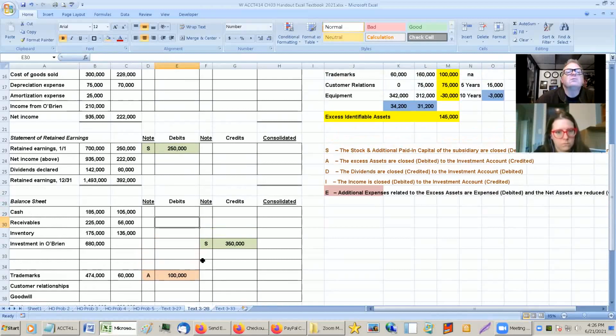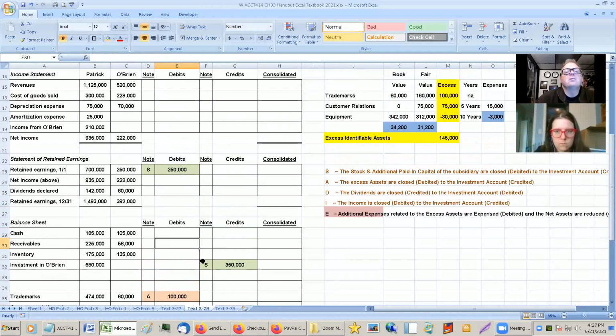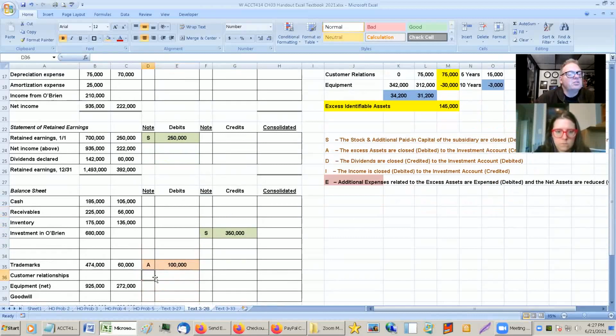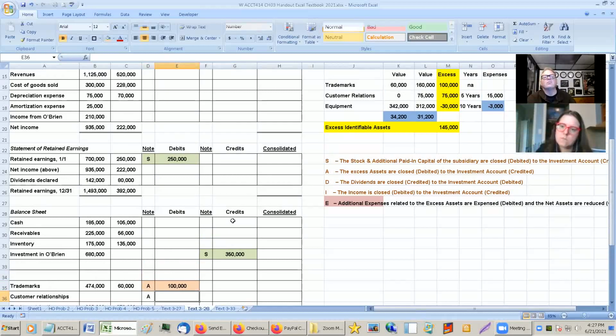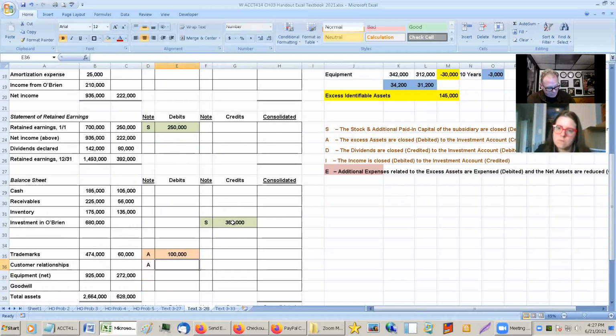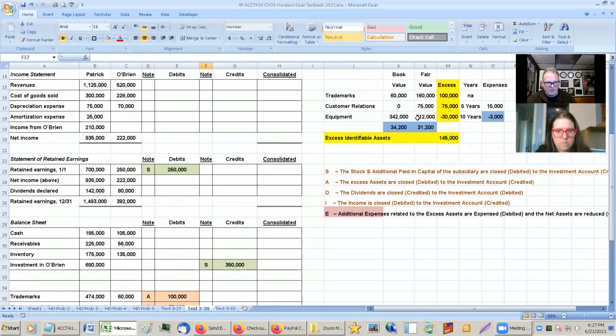Customer relationships, $75,000. And here is where it gets kooky, because the excess is actually a negative for the equipment.